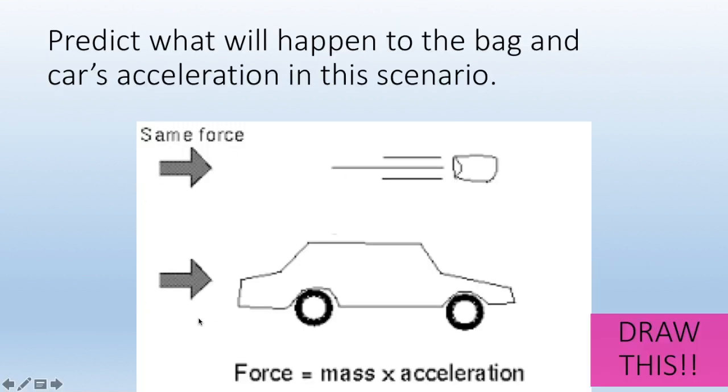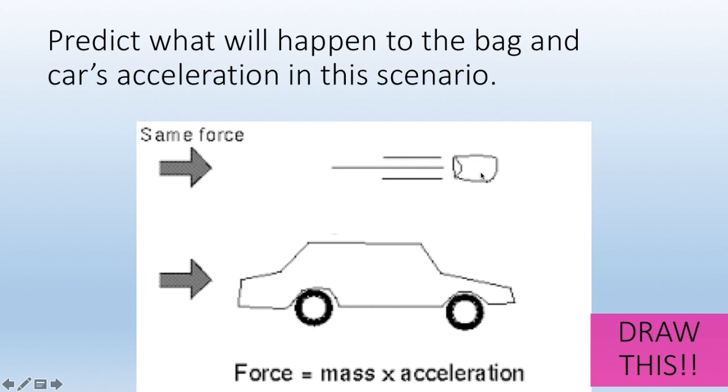Here is a diagram showing that some force of the same magnitude is being applied to two different objects. This looks like a bag that's in the air, and this is a car. Using your knowledge about force equaling mass times acceleration, figure out what the difference is between these two objects.